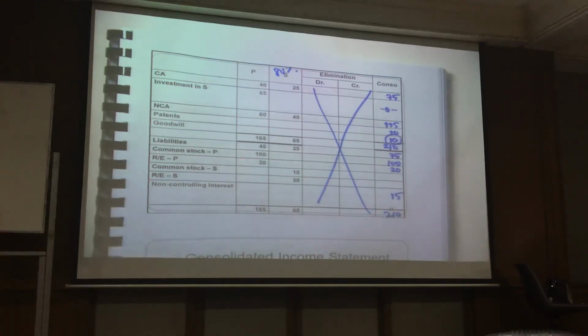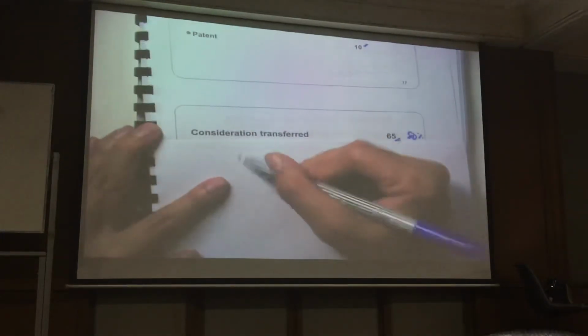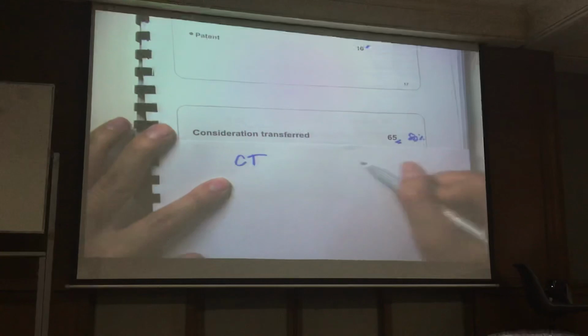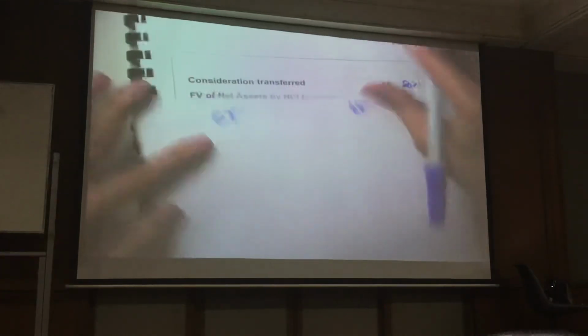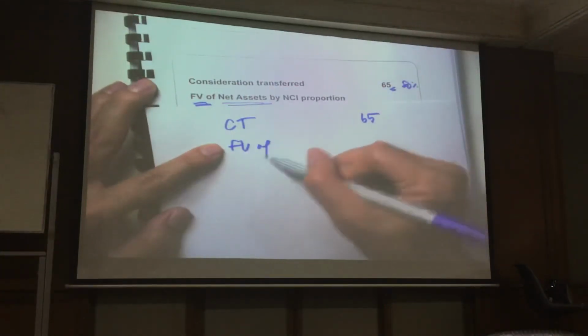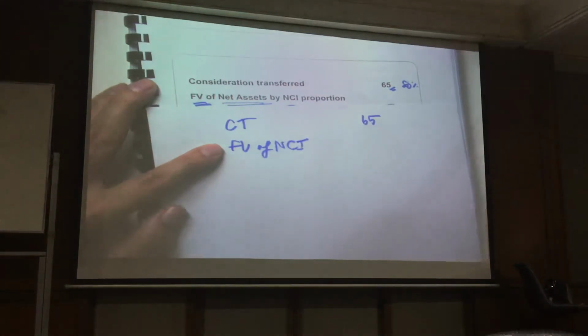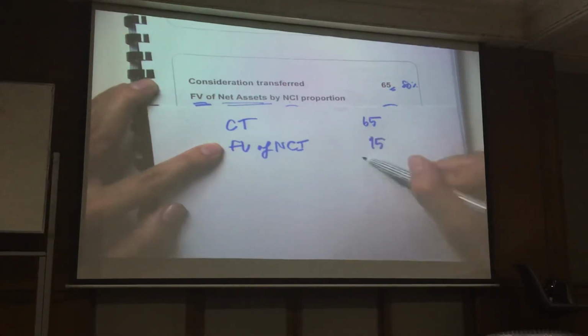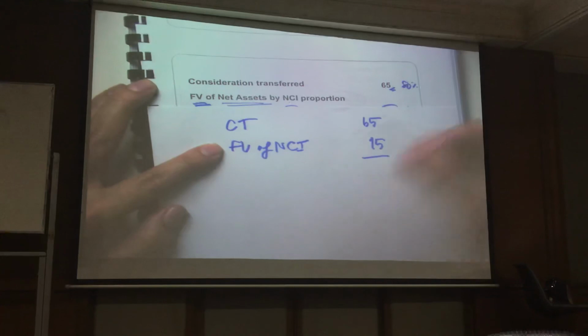Why? Okay, let me replicate this thing for you. Consideration transfer 65. Fair value of NCI, how much is it? 15. 80%, 20%.